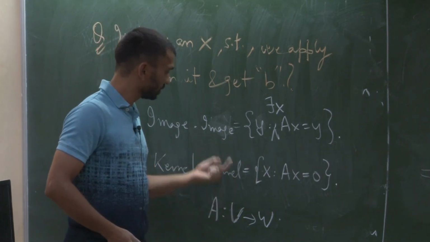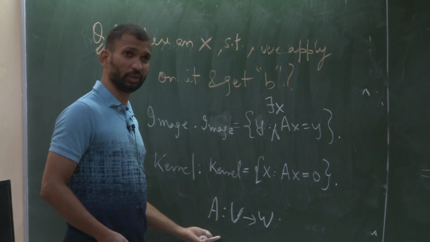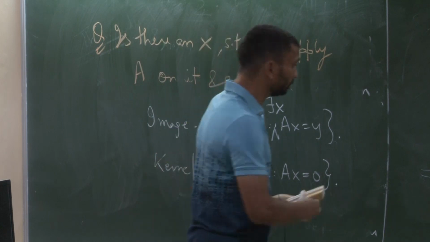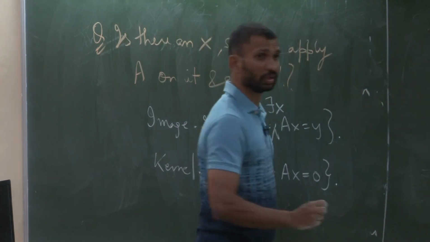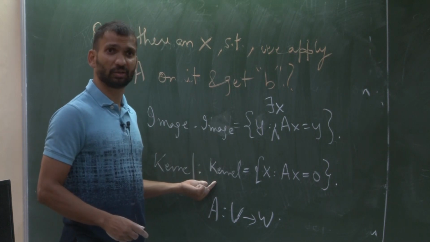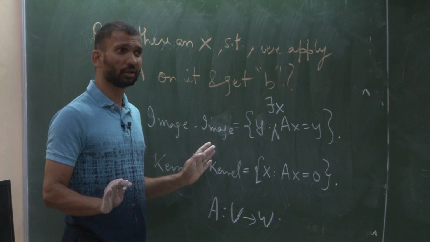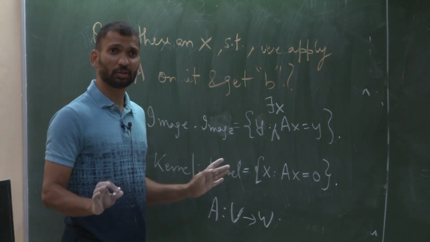So image is a subspace of W, kernel is a subspace of V. Does anyone have this question in mind, why image and kernel are vector spaces? This is okay? Sounds good? Okay.